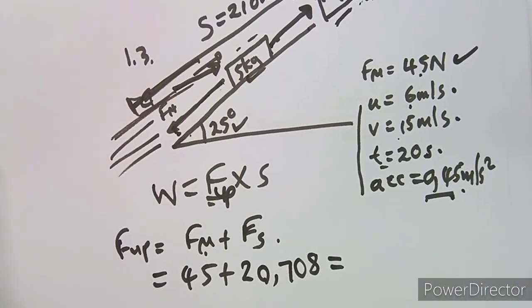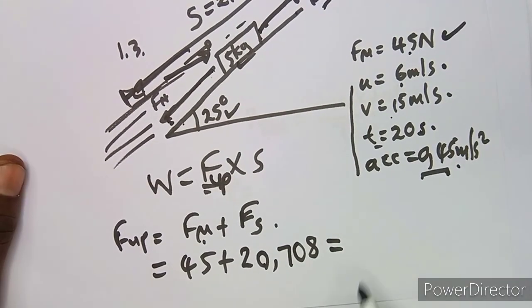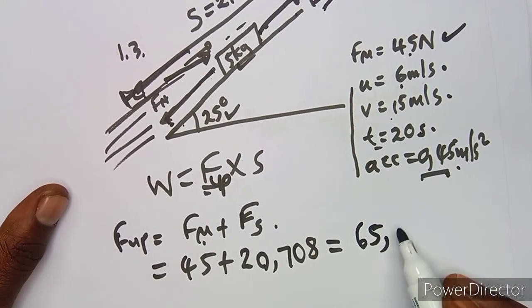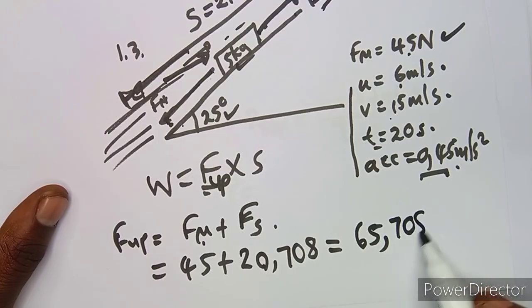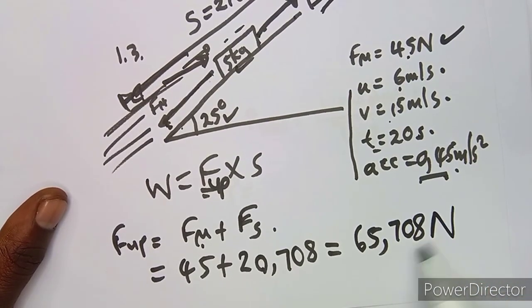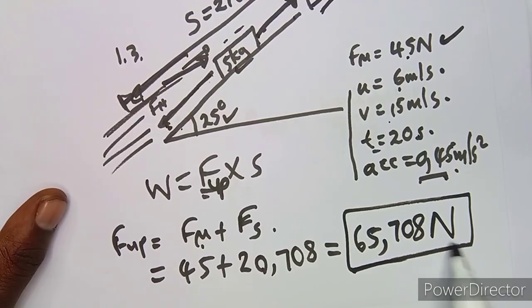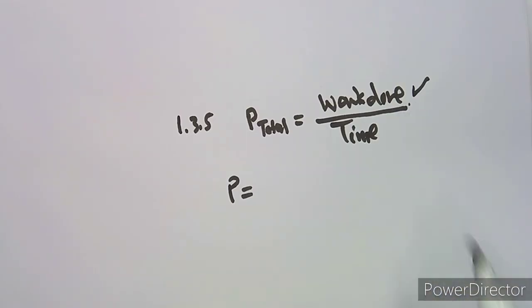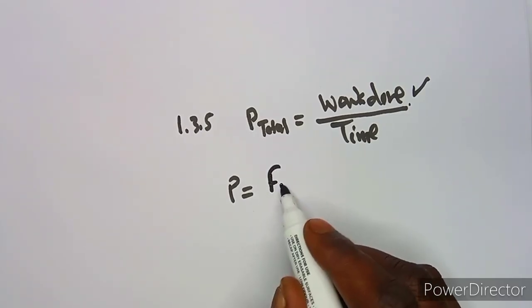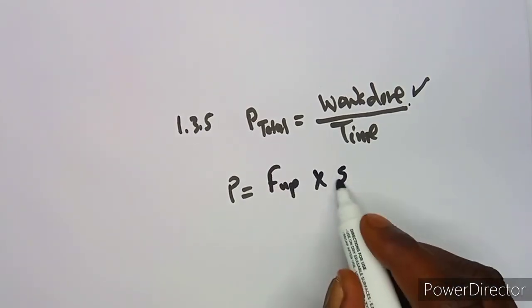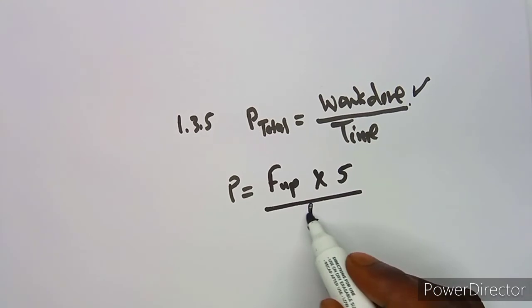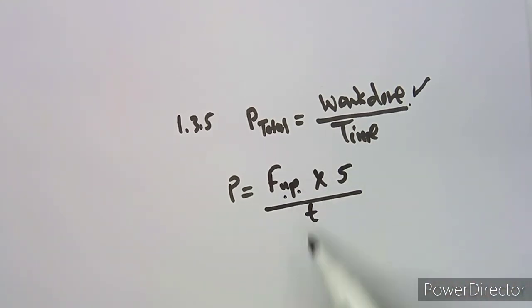Now I think it makes sense. So we are going to obtain something like 65,708. If this is the force which is making this object go upwards, therefore we can now have our work done, because our work done is force times the distance over the time which was taken.